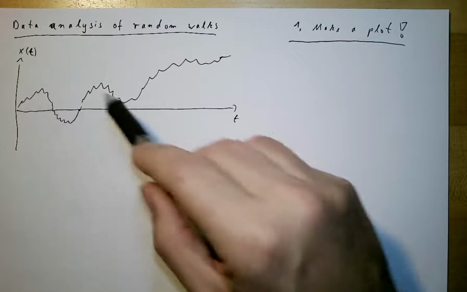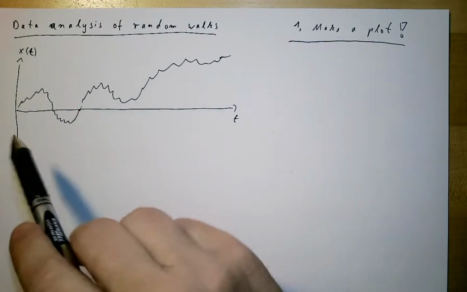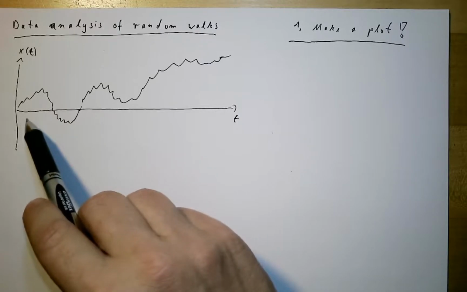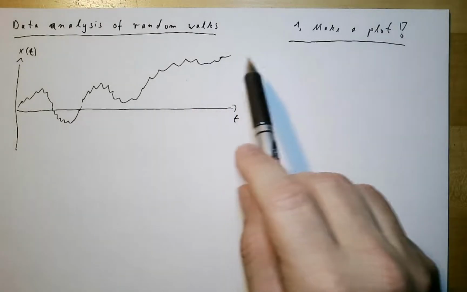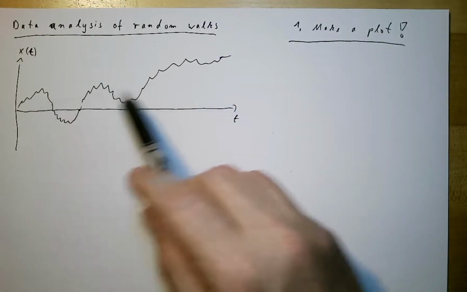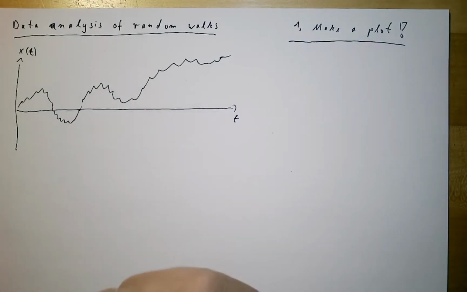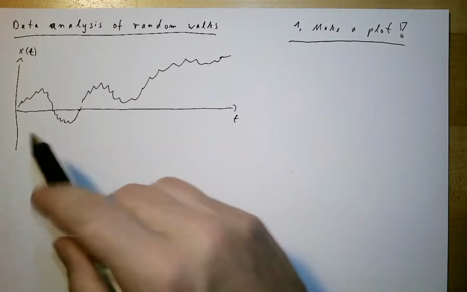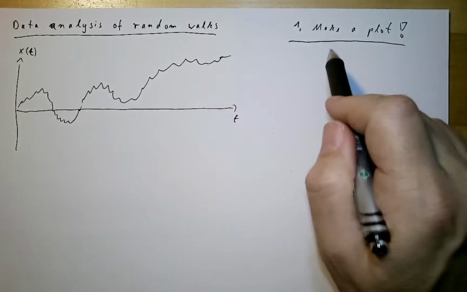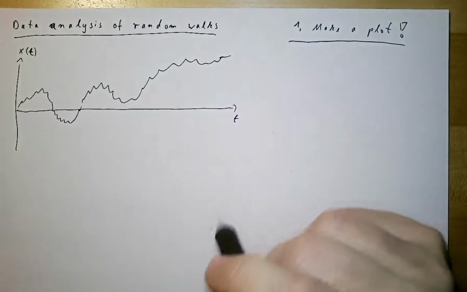Or you look at this and directly by eye you will see some patterns here. For example, here you would say, oh, maybe there is an increasing trend here. Maybe it's a biased random walk. Maybe x on average is increasing. And our visualization system, our eye, is so good at detecting these patterns. If you have data, make a plot first before you analyze anything.